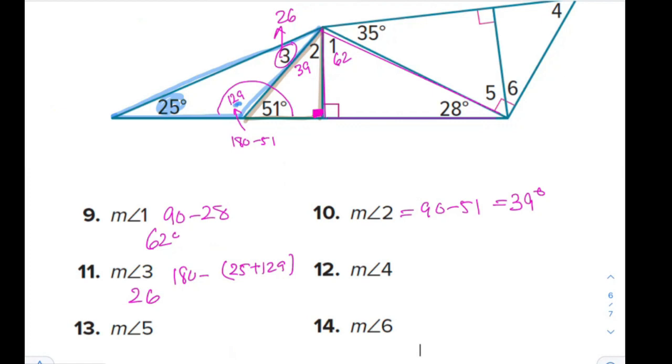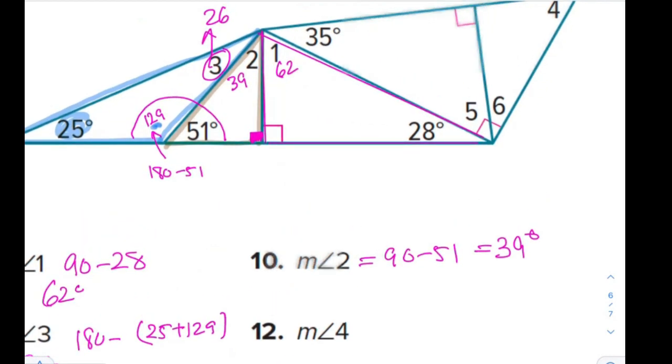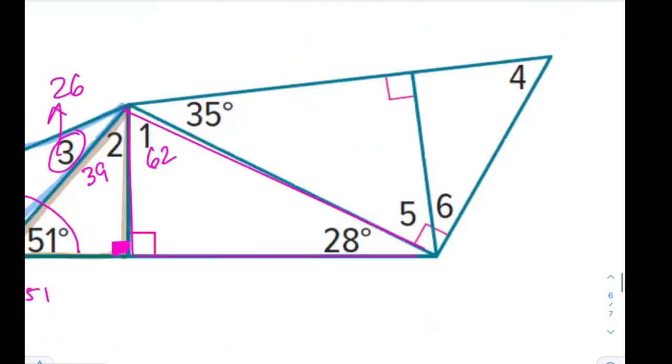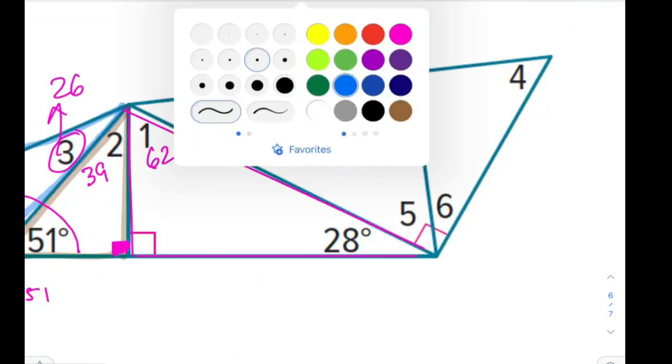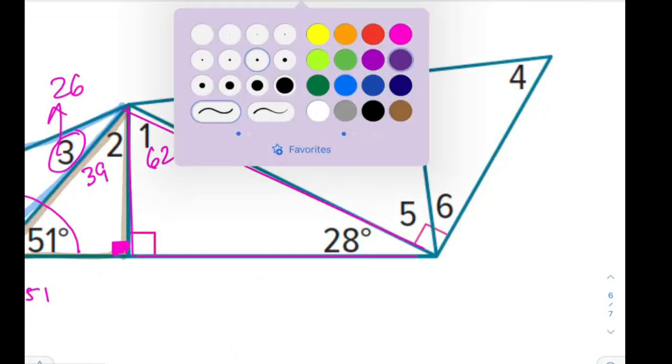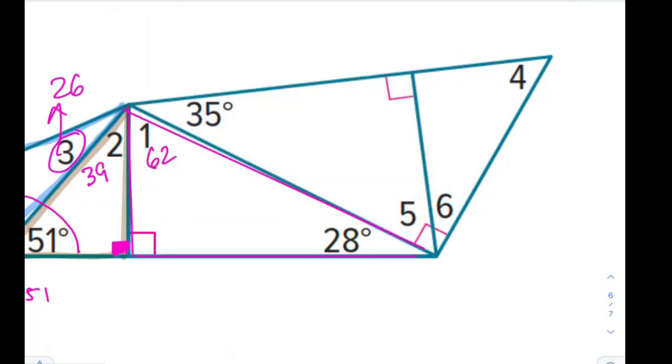Now angle 4. Where is angle 4? Here. Angle 4 is far here. I will make it in a way which is easy. Look at this. Now you can find it another way, but this is the easiest, I think. Look at this big triangle.